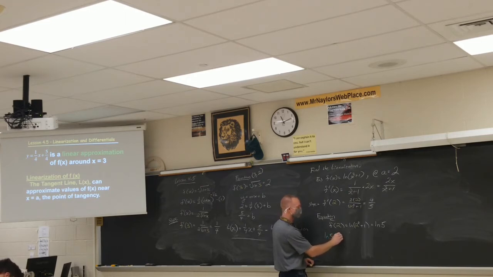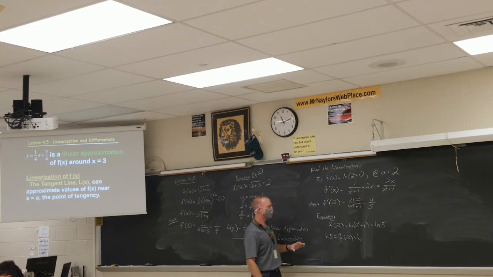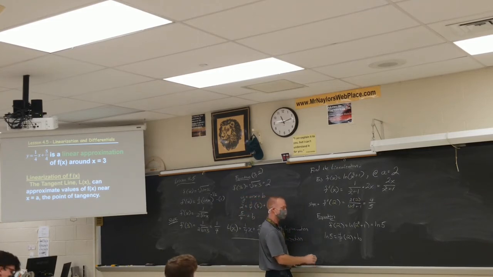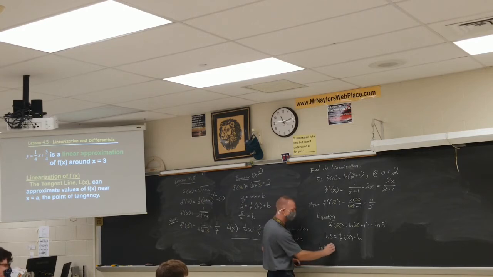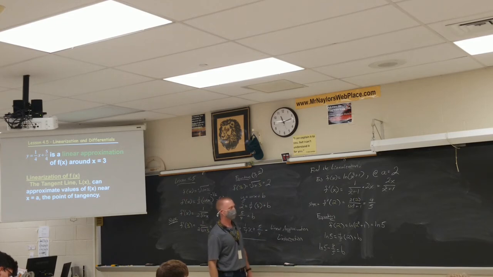Of course, we've got our slope of 4/5. We've got our x value, or the a value of 2, and then we end up solving for b. So again, what I'm showing here is that it's okay to write your answer in terms of a function. The ln of 5 minus 8/5 is your b value. And I'm not going to turn that into a decimal, just for something a little different.